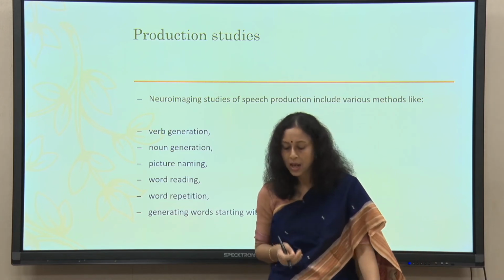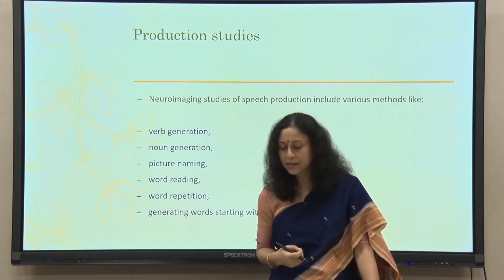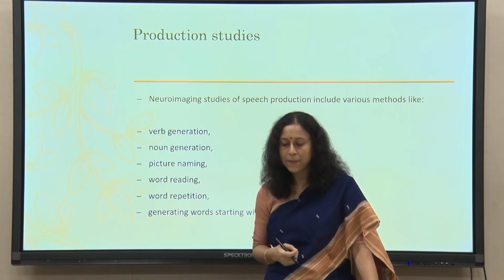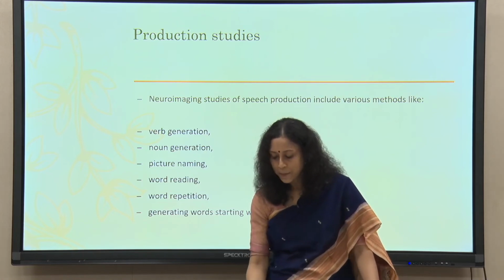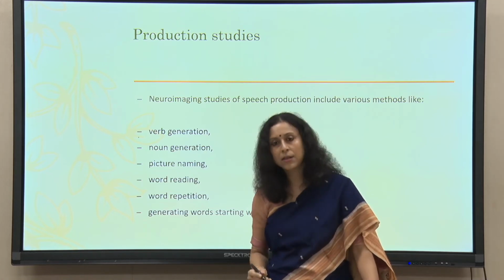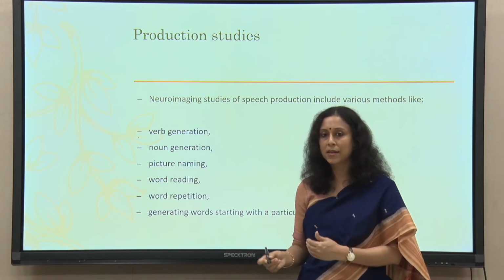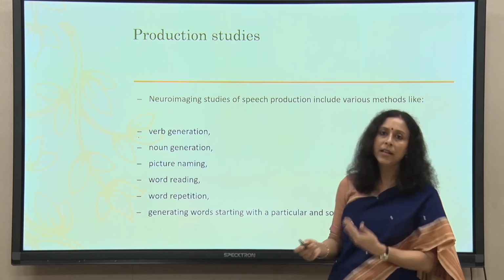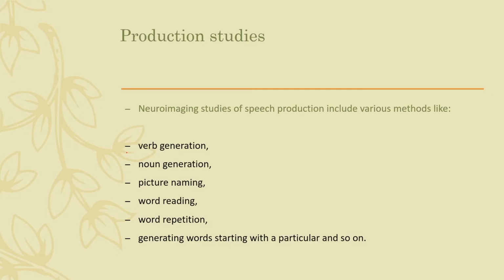The model has been tested through various neuroimaging studies that utilized various kinds of linguistic methods. There are neuroimaging studies that make the subjects do many of these experimental tasks. They can be verb generation, noun generation, picture naming, word naming, and so on.